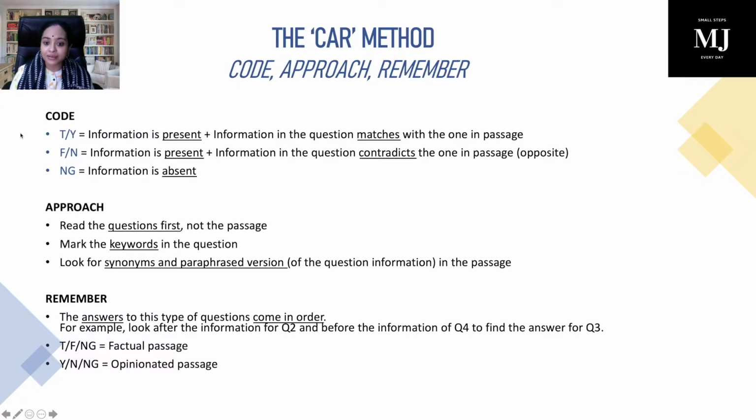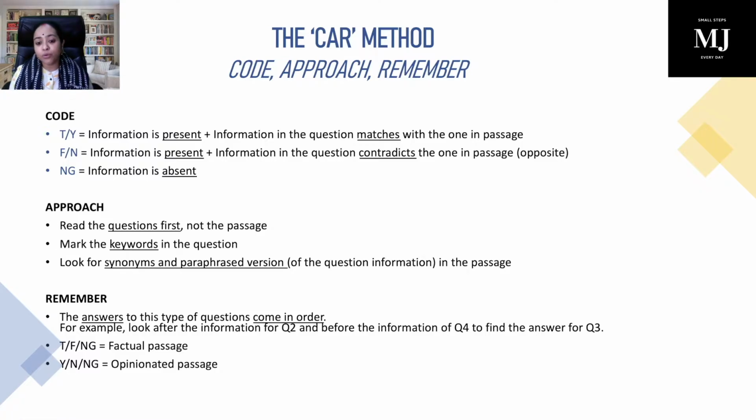There will be a code through which you can solve the question. The approach is the steps you keep in mind and follow. Remember means the points you have to keep in mind while solving any kind of reading question. Thus, the CAR method.